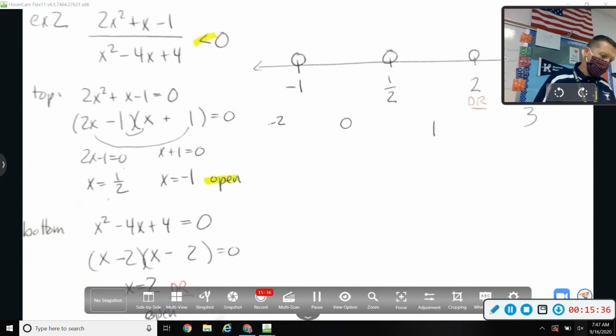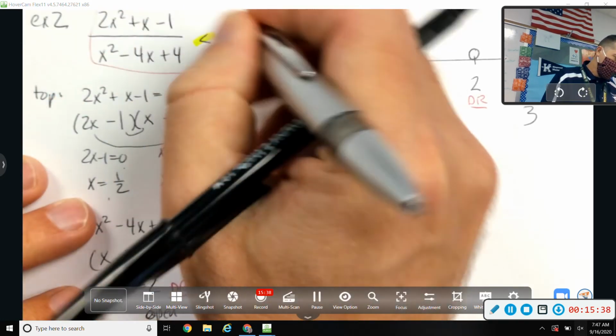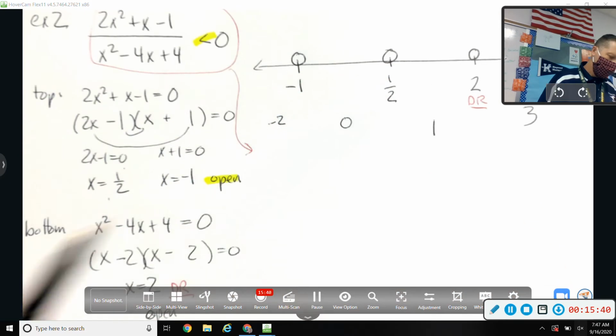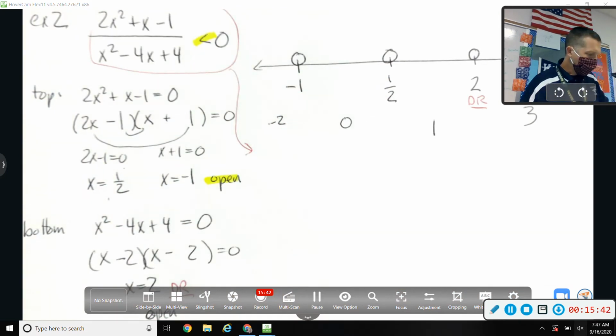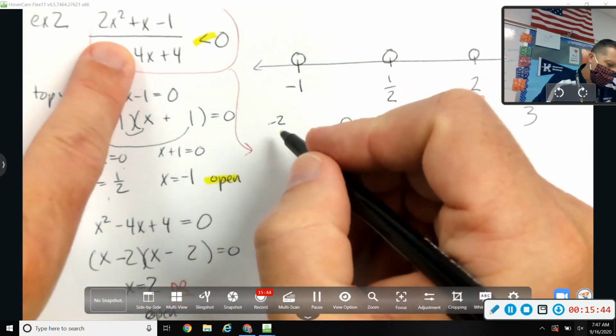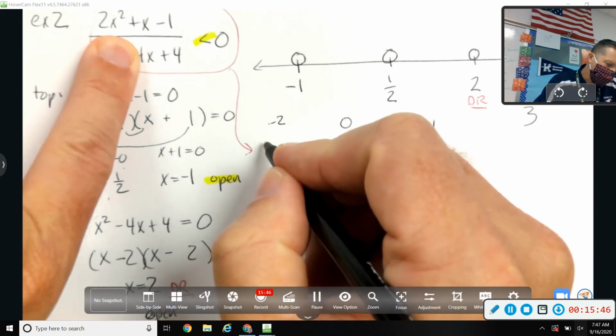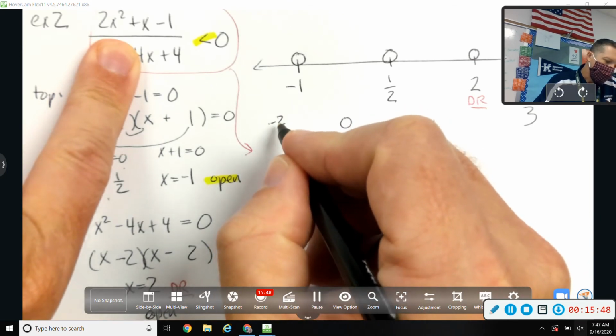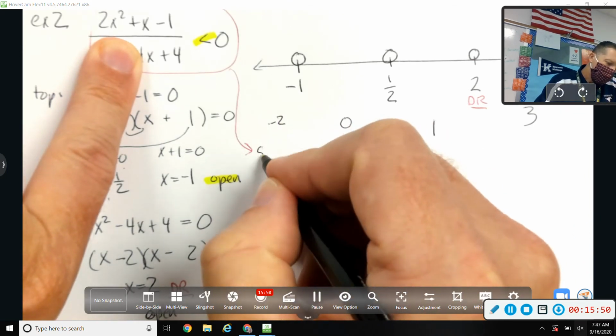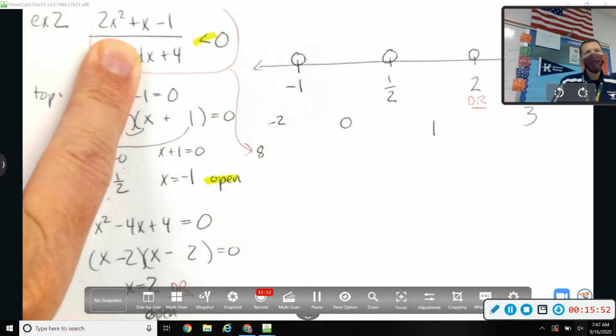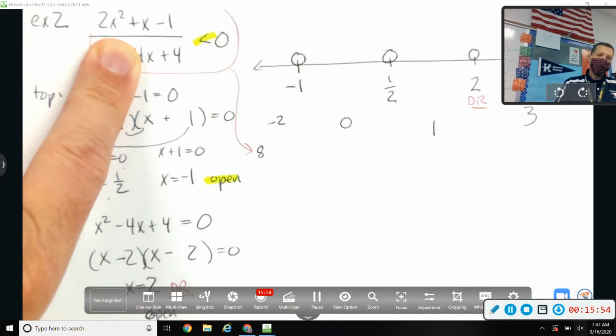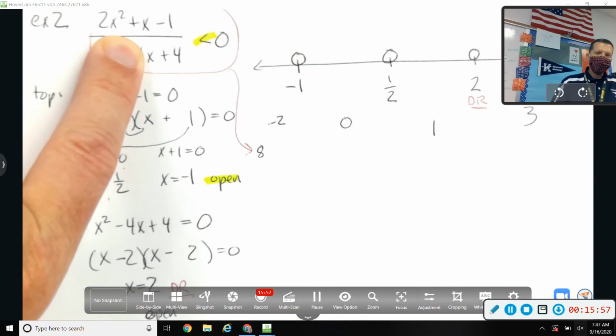Okay, this was going to be kind of annoying, but I got to check it into that thing. So 2 times negative 2 squared. If I square negative 2, I get 4, times 2 is 8. Trusting you can do a little bit of math in your head so we don't have to write everything down.